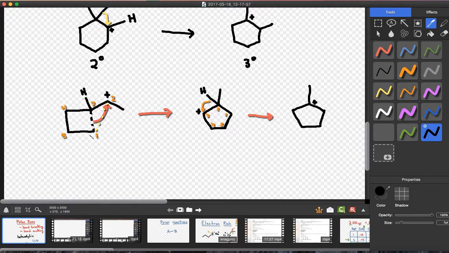So I go from a 4-membered ring in secondary to a 5-membered ring in secondary to a 5-membered ring in tertiary. So 2 shifts in a row, a 1,2 alkyl shift and a 1,2 hydride shift, yields the final carbocation intermediate that will react further in the reaction, whether it's an elimination reaction or a substitution reaction.